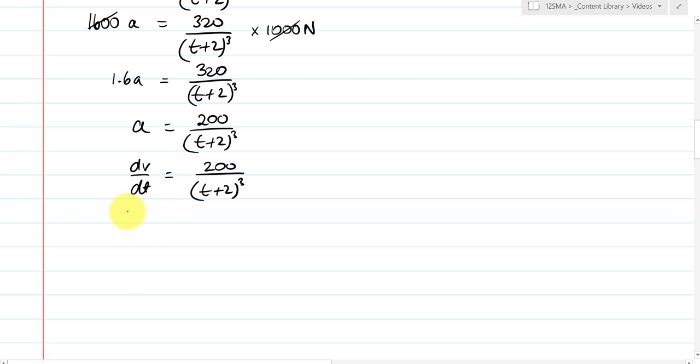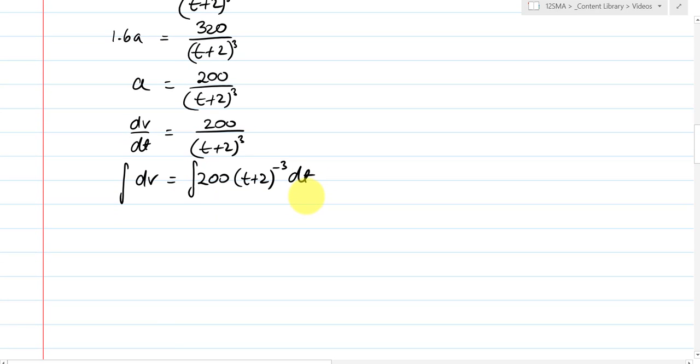So v is the integral of 200 (t plus 2) to the power of negative 3 dt, and we're solving this differential equation now, which means that our velocity is equal to 200 over negative 2 times (t plus 2) to the power of negative 2. So we divide by the new power, raise the power to negative 2, and we've got some constant.